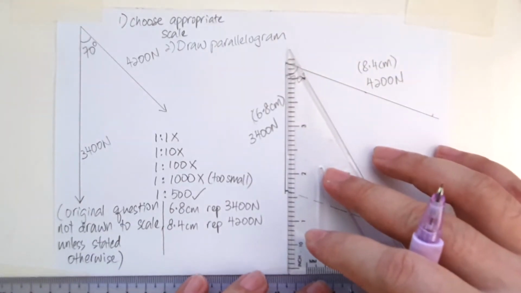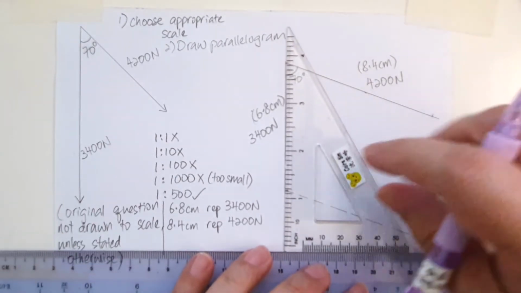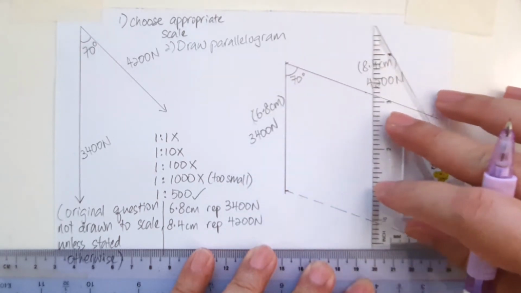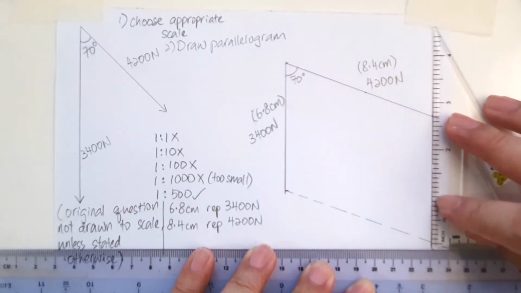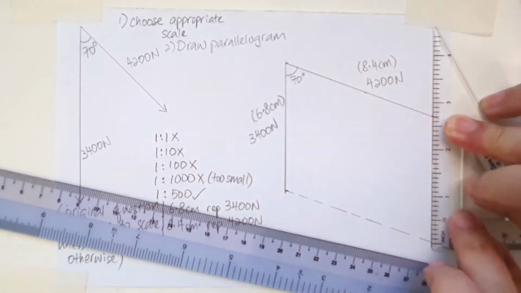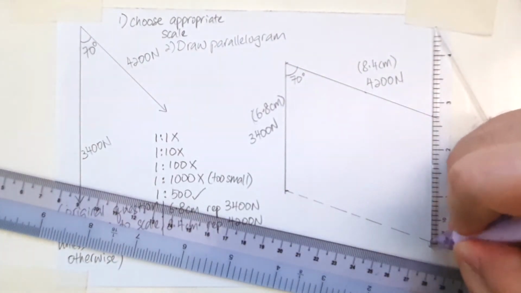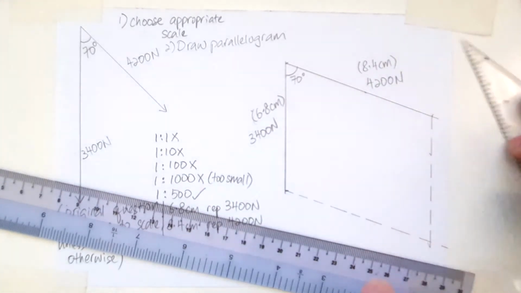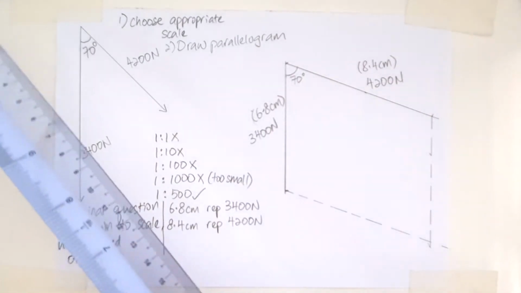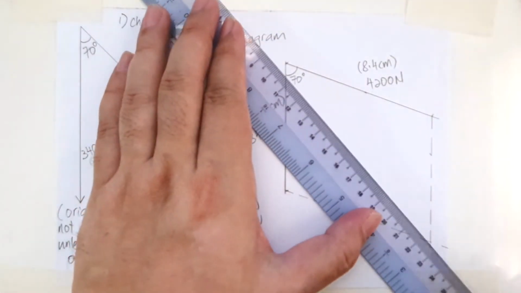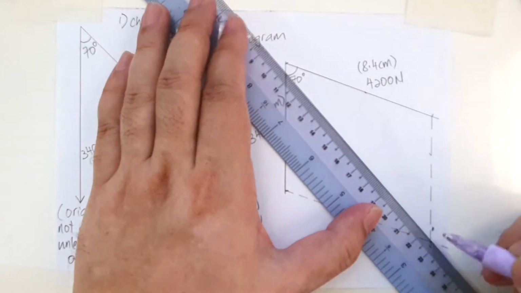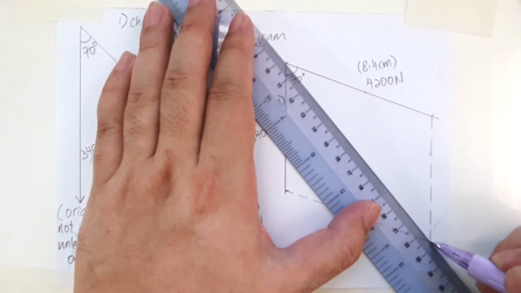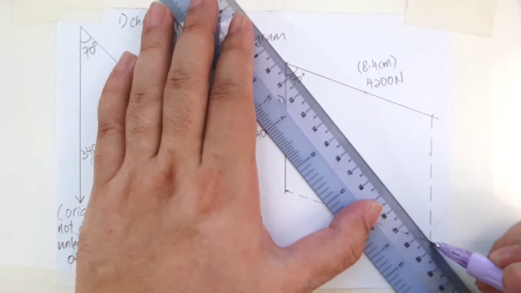Now I'm trying to locate the parallel side for the 3,400 newtons. So the resultant force will be taken from the diagonal, and it has to be the vector that lies in between 3,400 newtons and 4,200 newtons.